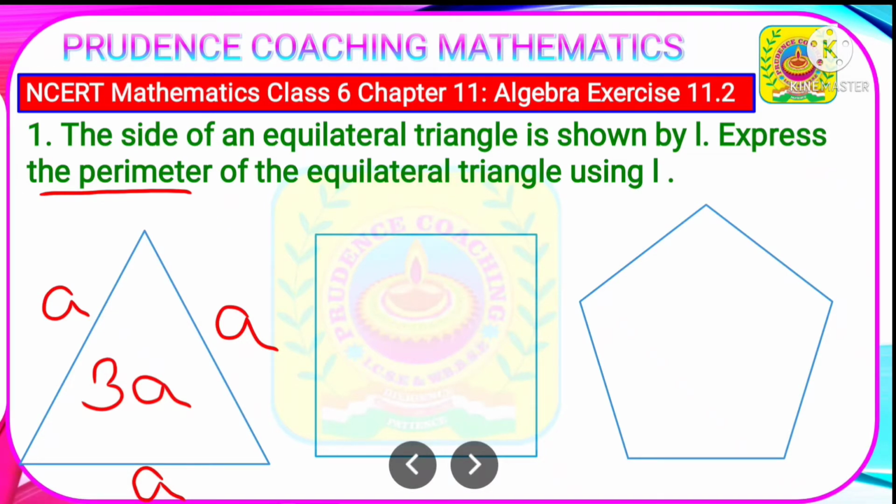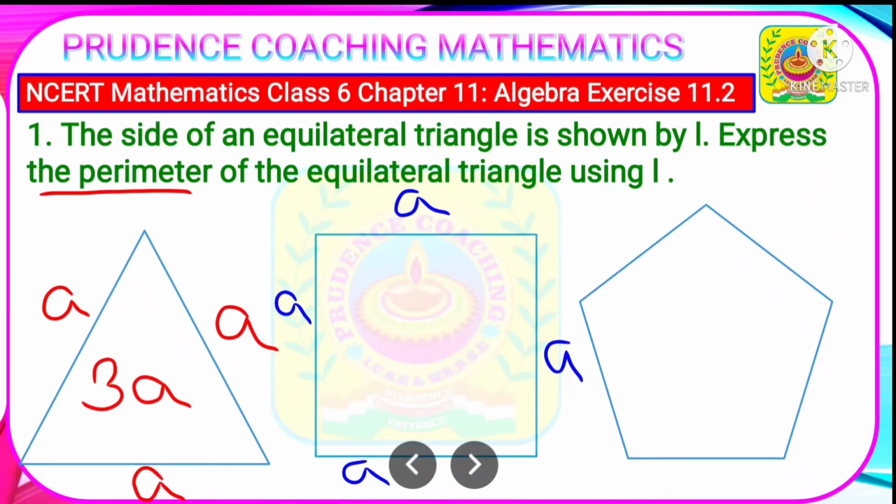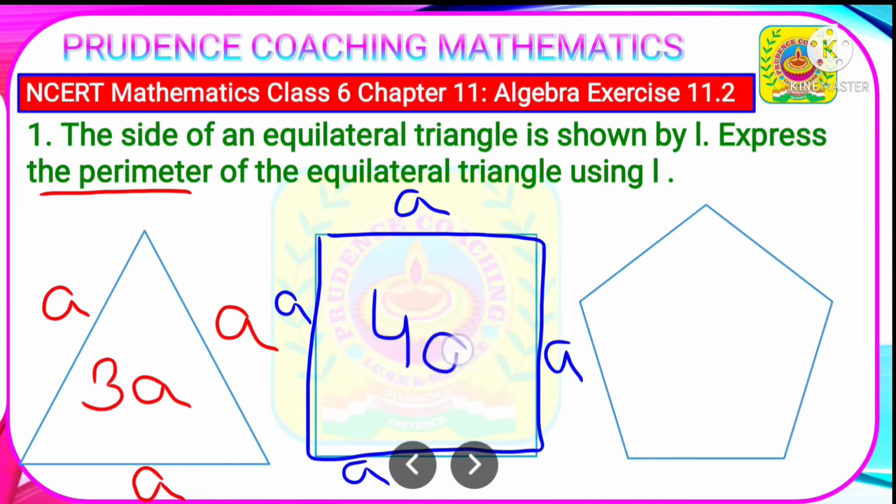Now if we assume that all the sides of this square are A unit, how many A are we getting? We are getting 4A, as all the sides of a square are equal. So if we want to find the perimeter, we need to add all these: A plus A plus A plus A, that is 4A. So here the perimeter will be 4A.